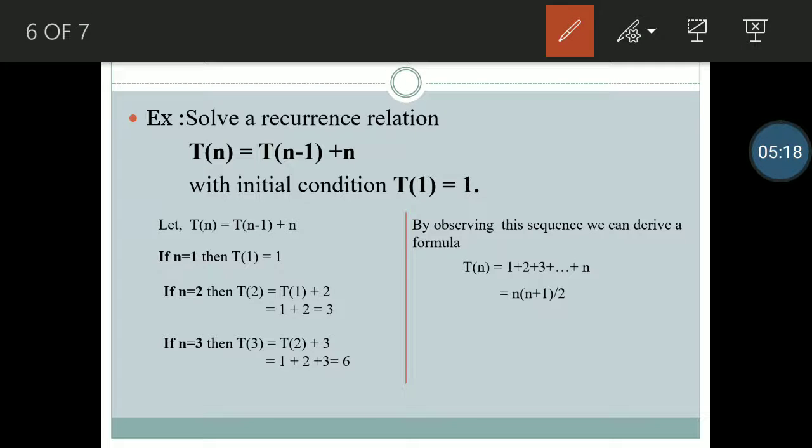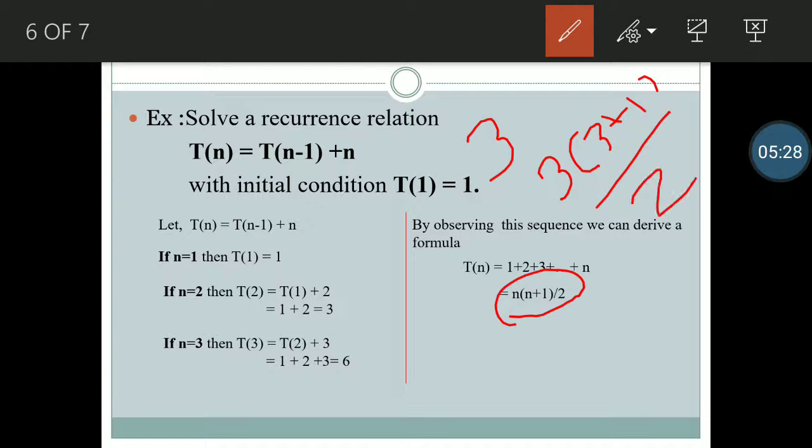If we take 3, the equation will be 3 into (3+1) divided by 2, so it will be 3 into 4 divided by 2, which is 12 divided by 2, equal to 6.